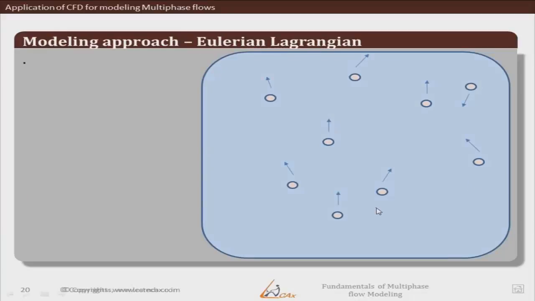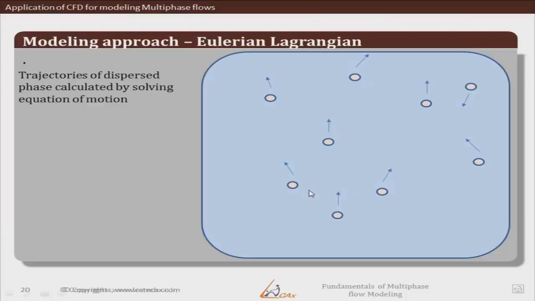First, we'll see what we mean by the Eulerian-Lagrangian approach. So let us imagine that there is a bulk mass of fluid which is shown in blue, and we have a dispersed particle or dispersed phase, which is the secondary phase, shown by these small dots or circles. What we need to do is model the flow behavior of this continuous medium as well as the location or trajectories of these secondary particulates or dispersed phase.